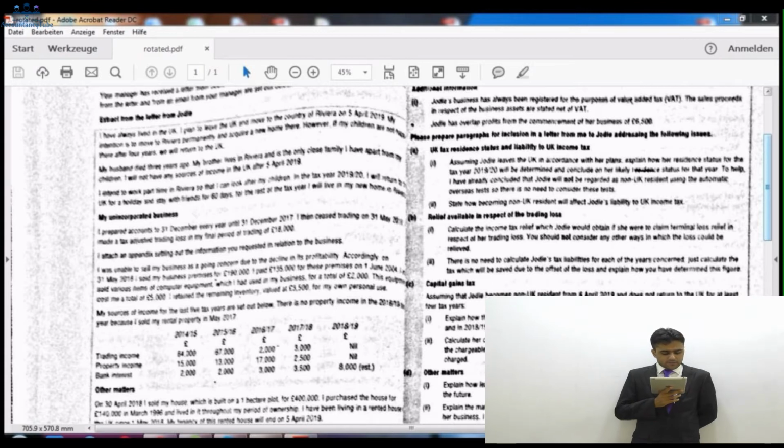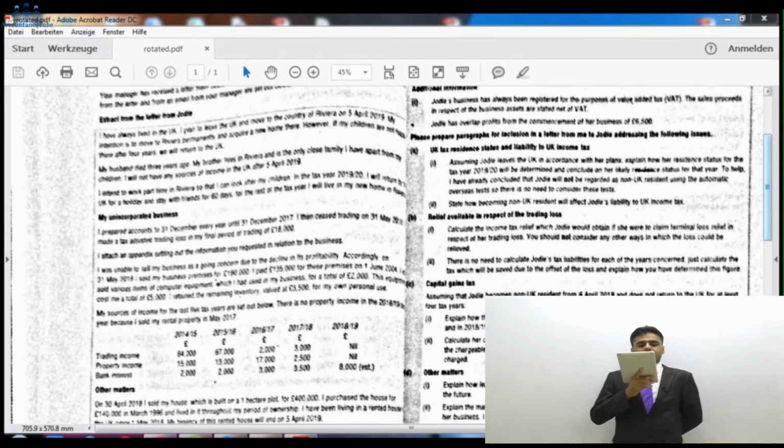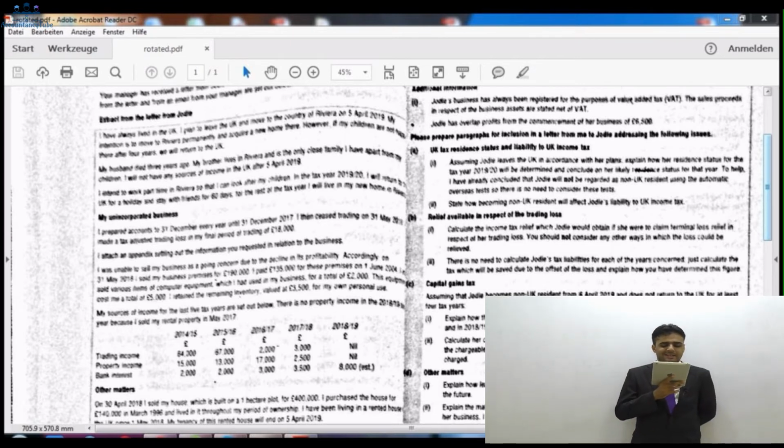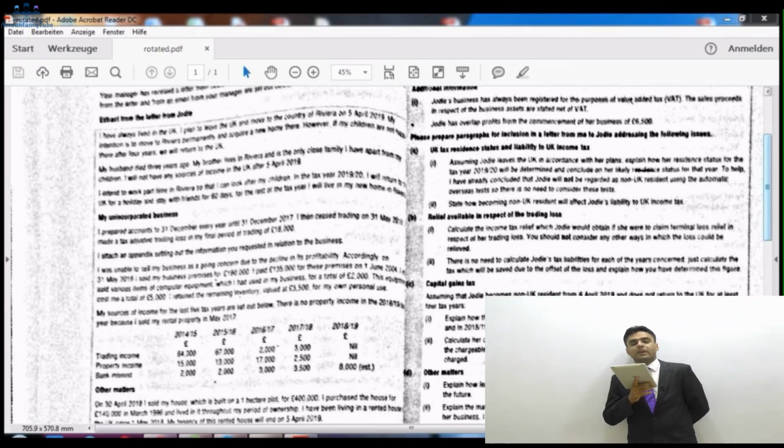After that it says my sources of income for the last 5 years are as below. There is no property income in the 2018-19 tax year because I sold my rental property in May 2017. The information is given for the tax years 14-15, 15-16, 16-17 up until 18-19. In the 18-19 tax year, the trading income is nil.